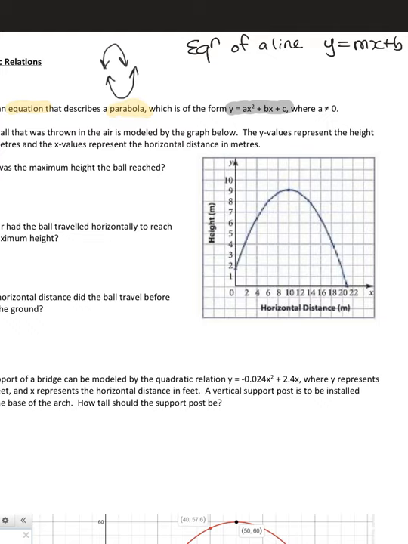Now the general equation for a parabola is y equals ax squared plus bx plus c. We have to add in numbers because, remember, with mx plus b we can have numbers in front of our x and that constant. So a, b, and c are numbers.